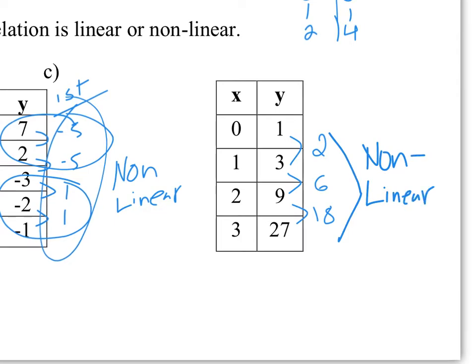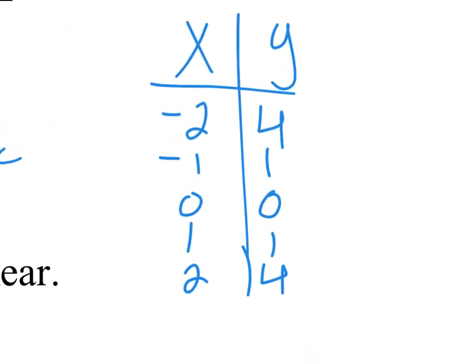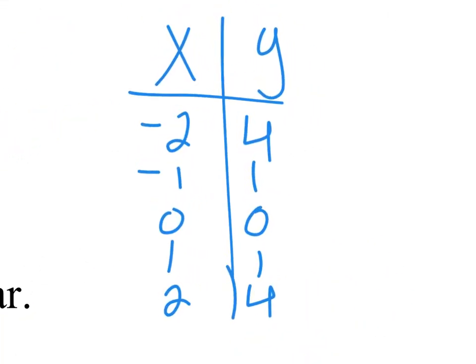A new table. Look at this table up here that I've written in. Your x's are negative 2, negative 1, 0, 1, 2, and your y's are 4, 1, 0, 1, 4. You can kind of see a pattern going on with these y's, can't you? That's okay if you don't. If I were to graph this, it would tell me right away that I'm dealing with a quadratic because it's going to produce a U shape.